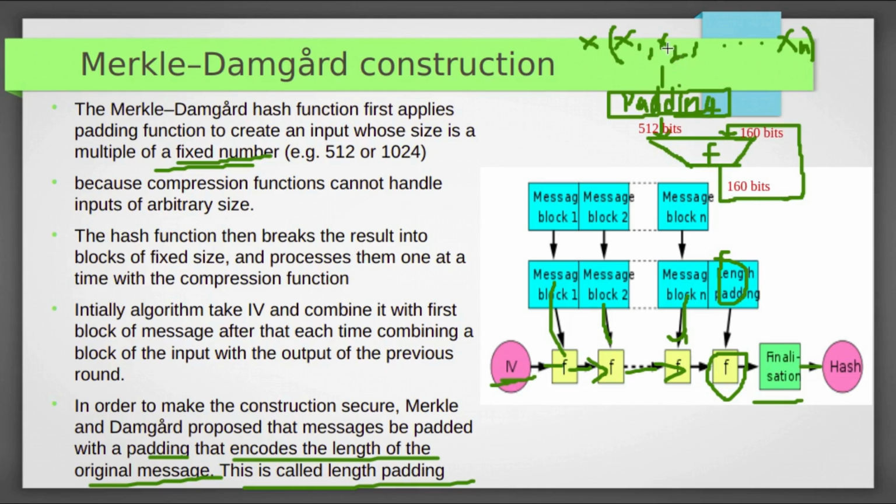For the second block, it will use this output as the initial vector. It will continue like that. After xn, we will consider that output as the hash of the message, h of x.